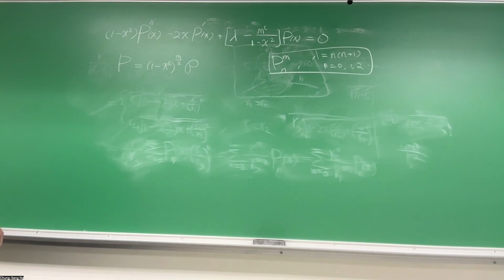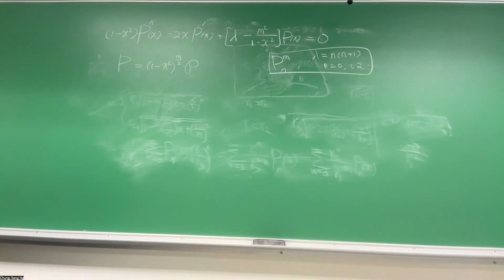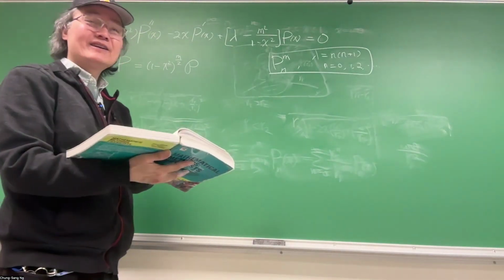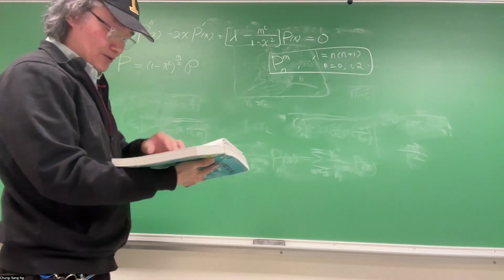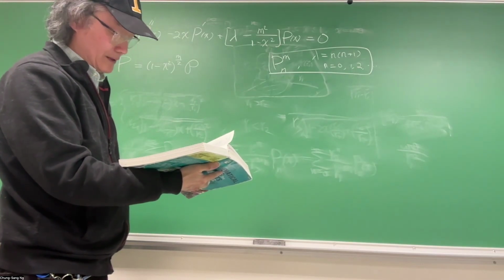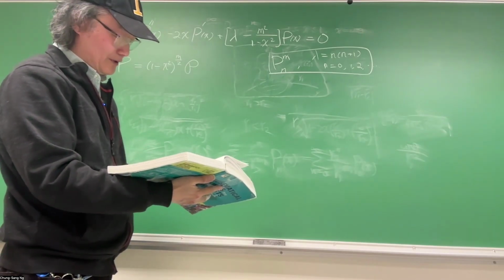If we do this transformation, we can work this out, but it might take some time. It's straightforward. The textbook has a few lines showing that. I actually had all these details in my video.